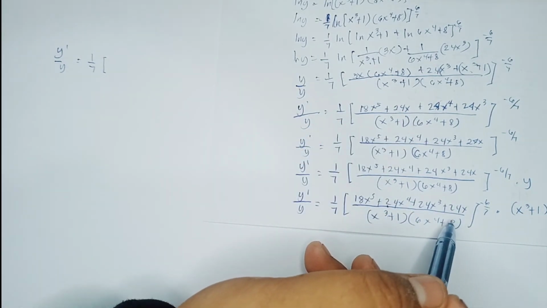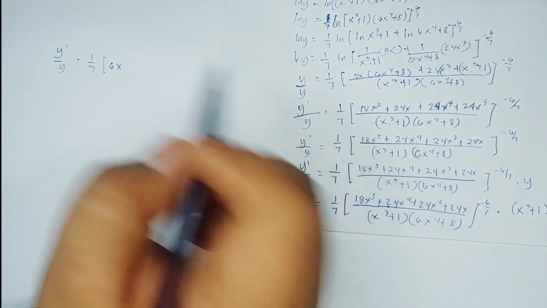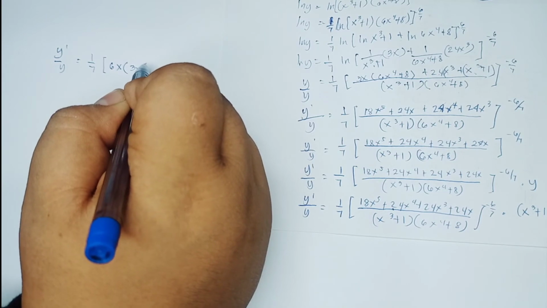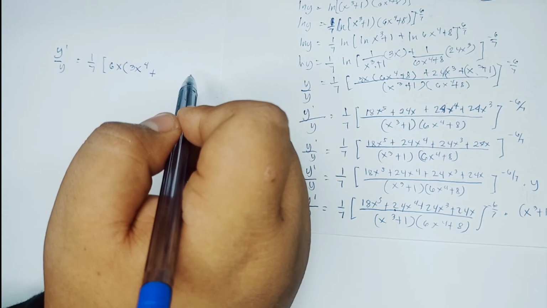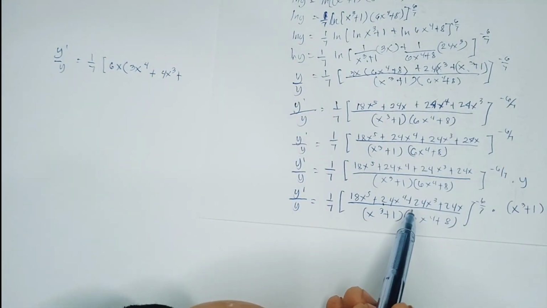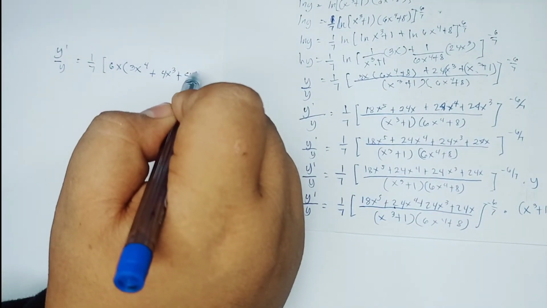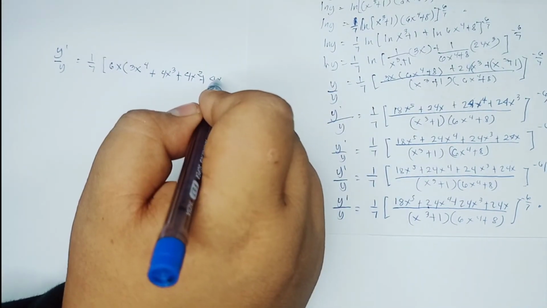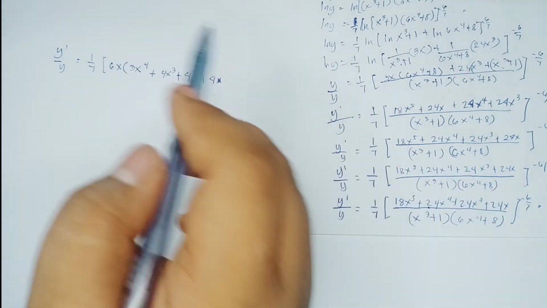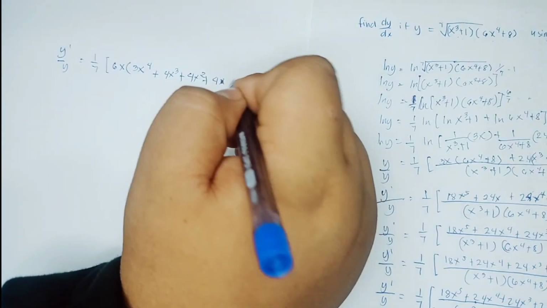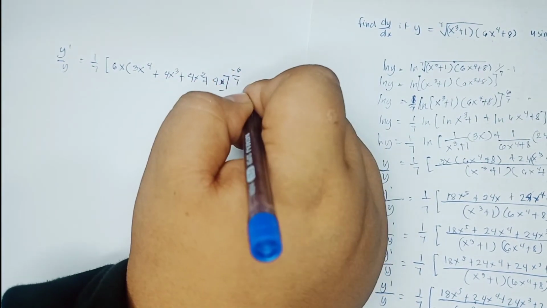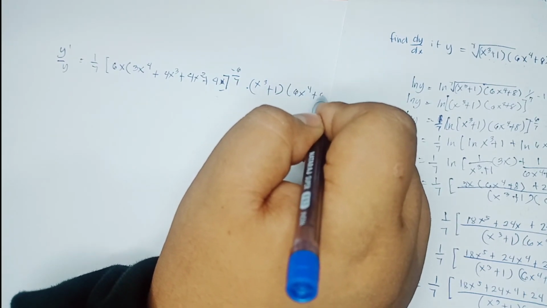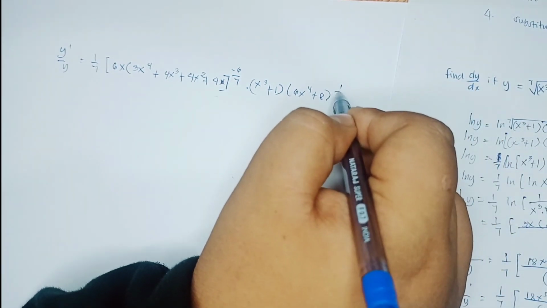We can see that all of them are divisible by 6, so let us put 6x outside and 6x times 3x raised to 4 plus 4x raised to 3 plus 4x raised to 2 plus 4x, 4, since it is only 1x, times raised to negative 6 over 7, times the y, which is x cubed plus 1, 6x to the 4 plus 8, raised to 1 over 7.